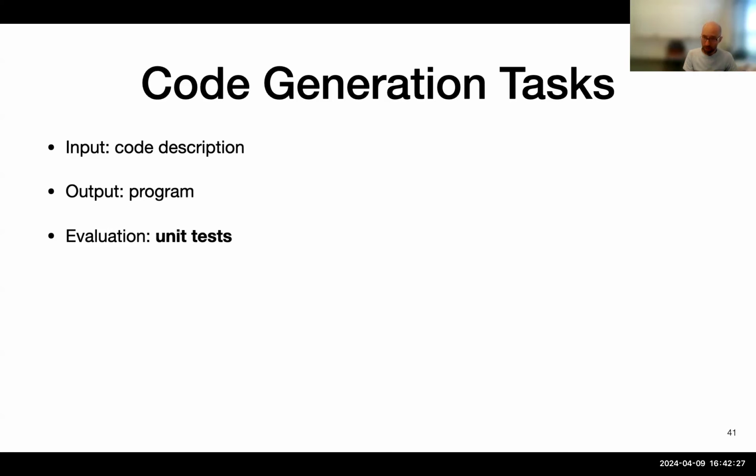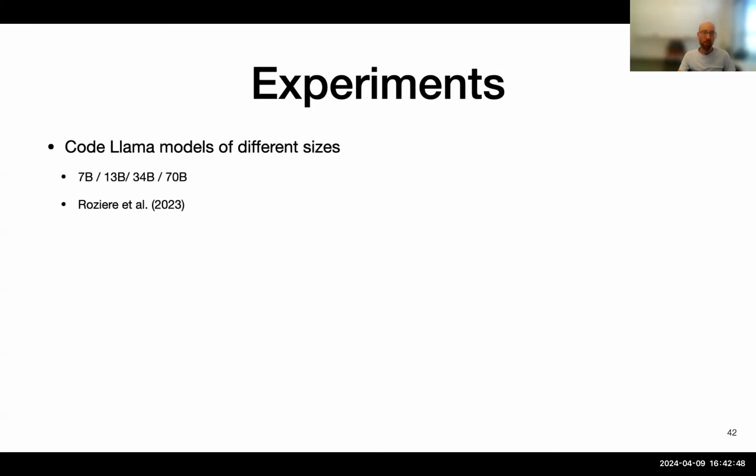And if the model passes the unit tests, then we say that it has succeeded on the task. This is important because it allows us to take multiple outputs from our small model and see whether one of them works, because we can take 10 outputs from the small model, run all of them through the unit tests, and if at least one of them works, then we're good. So let's see how this works.